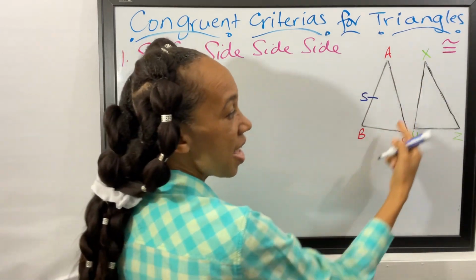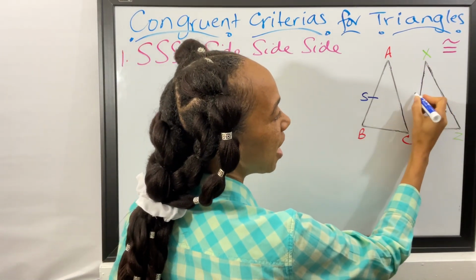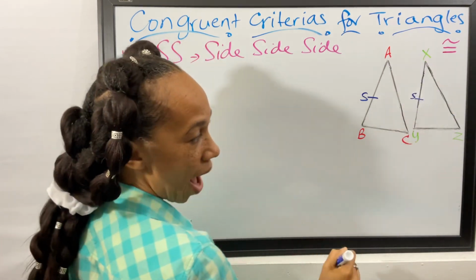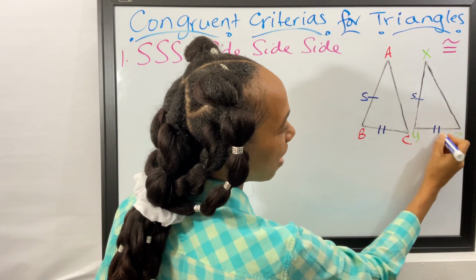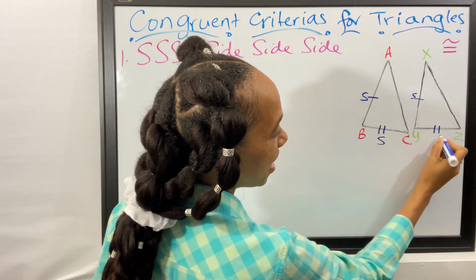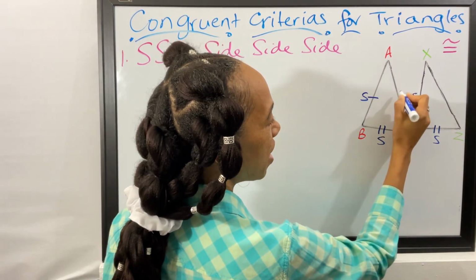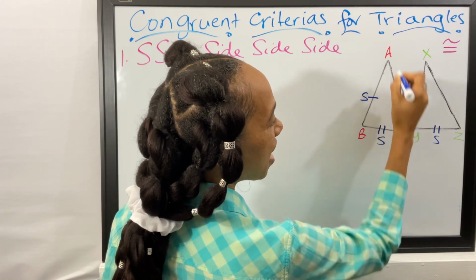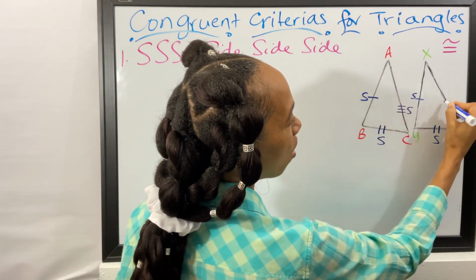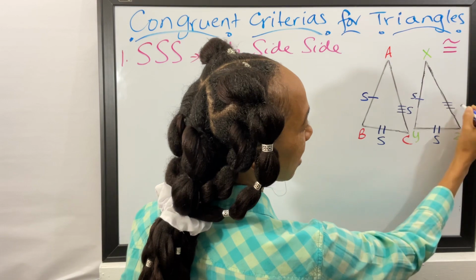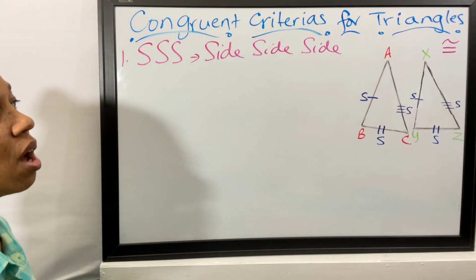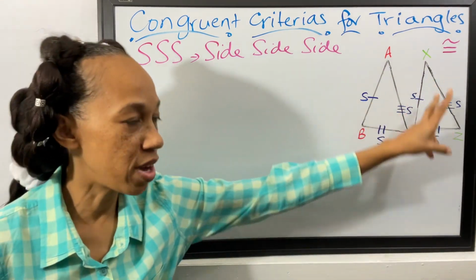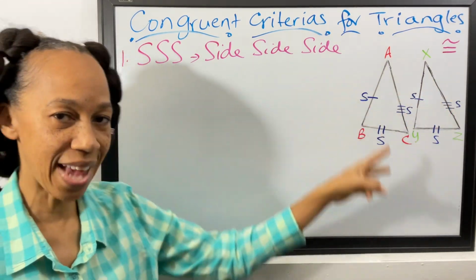Segment AB is going to be congruent to segment XY. Segment BC is going to be congruent to segment YZ. And the third one is segment AC is going to be congruent to segment XZ. So all 3 sides of the first triangle are congruent to all 3 sides of the second triangle.